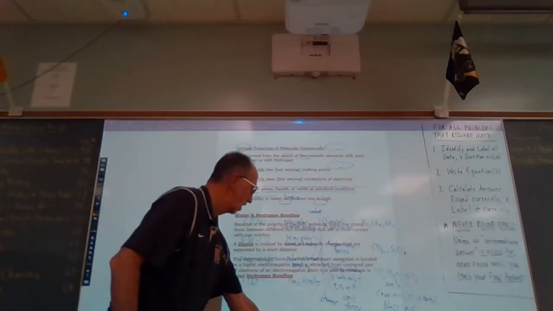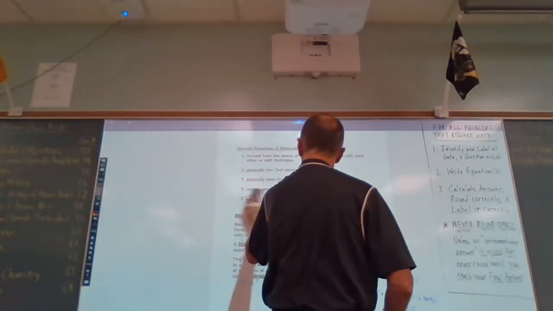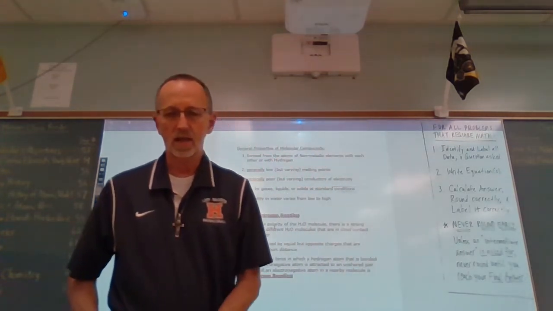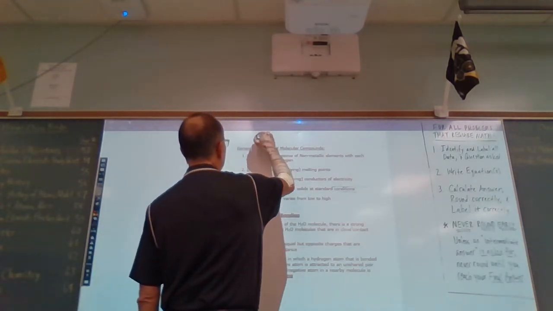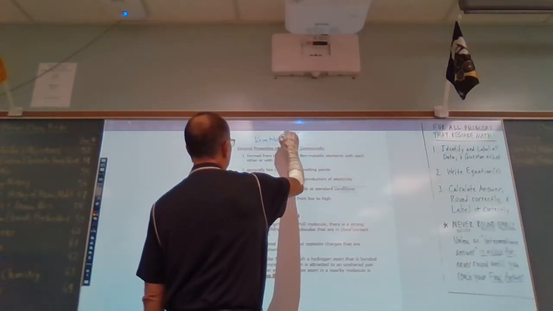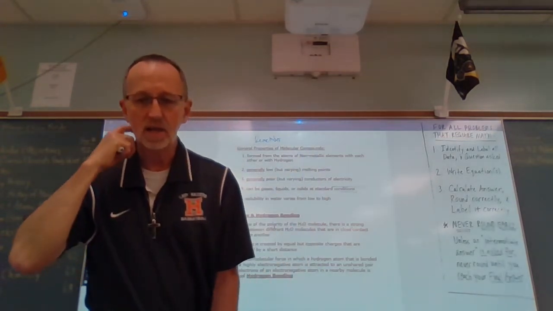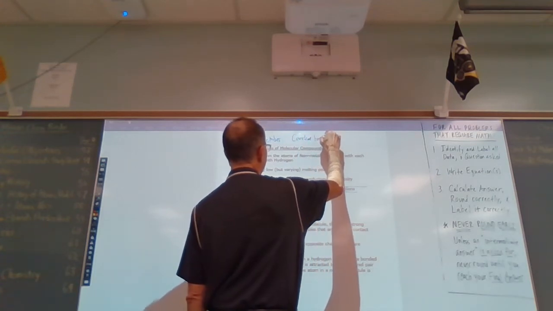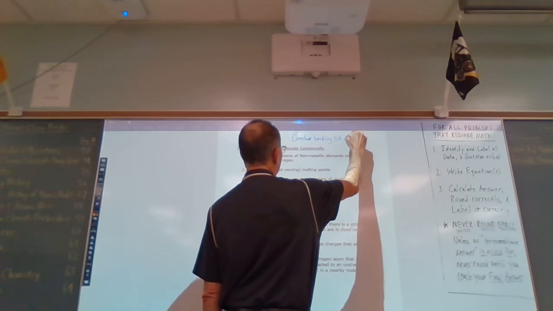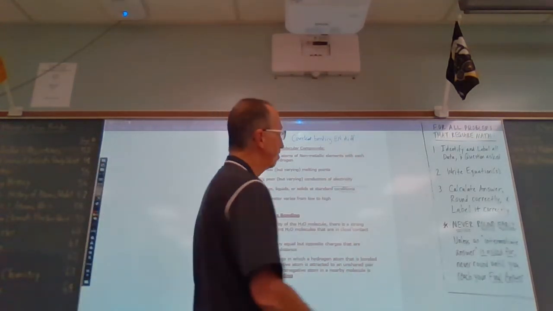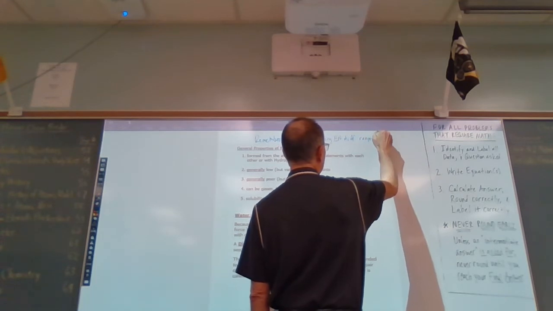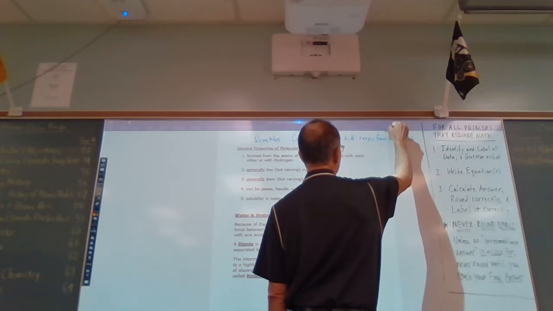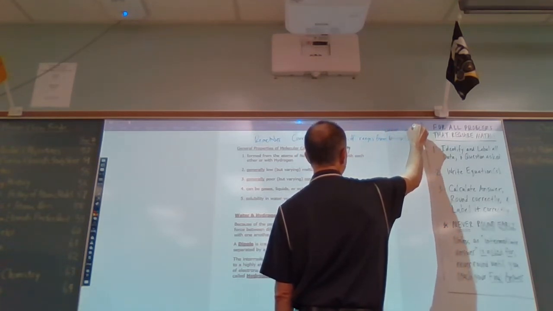So, general properties of molecular compounds. Well, the reason it says general is because, remember, the covalent bonding electronegativity difference varies pretty widely. All right, it ranges from zero all the way to 1.66, with zero being the weakest and 1.66 being strongest.